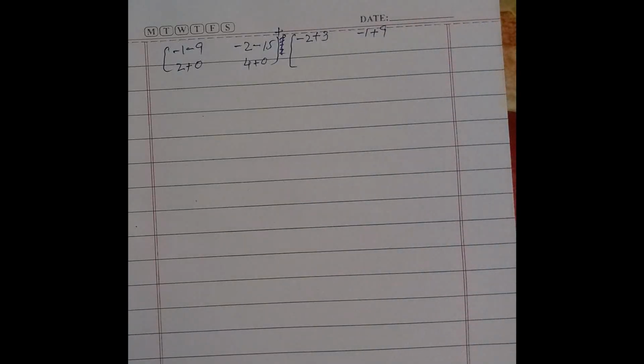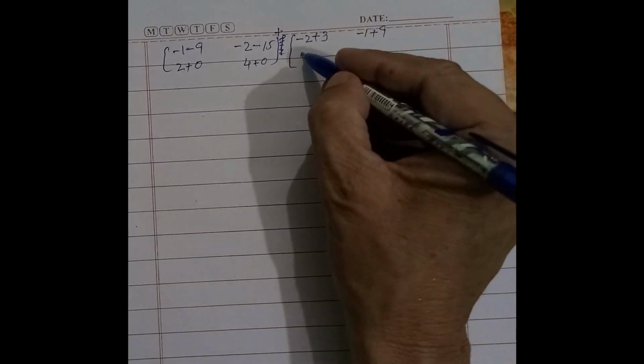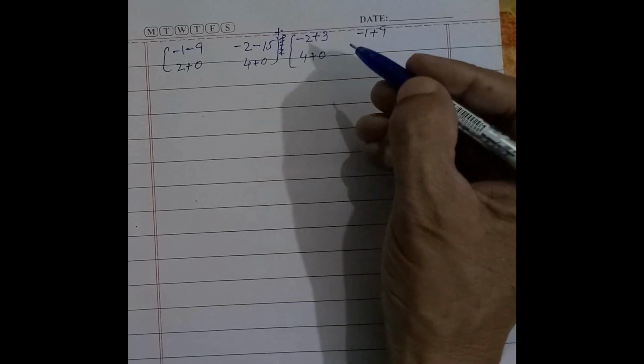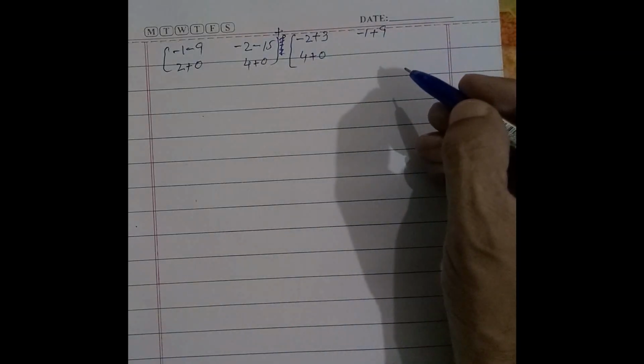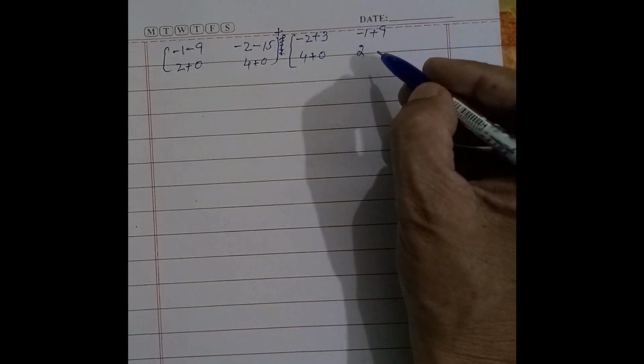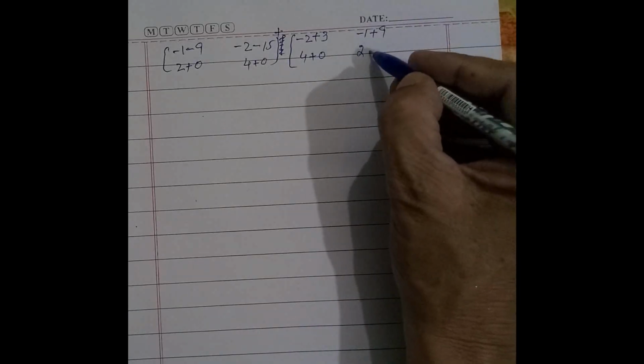Second row with the first column is 2 multiplied by 2 is equal to 4 plus 0 multiplied by 1 is equal to 0. Second row with the second column is 2 multiplied by 1 is equal to 2 and 0 multiplied by 3 is equal to 0.